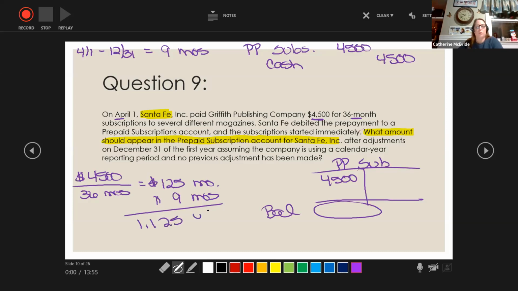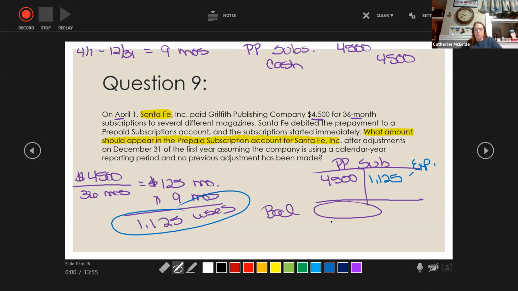1,125 was used. So this is going to go over here. Yeah, that's the expense. Right, this is going to be the expense, but we don't need to do a journal entry. So what's the balance in my account?